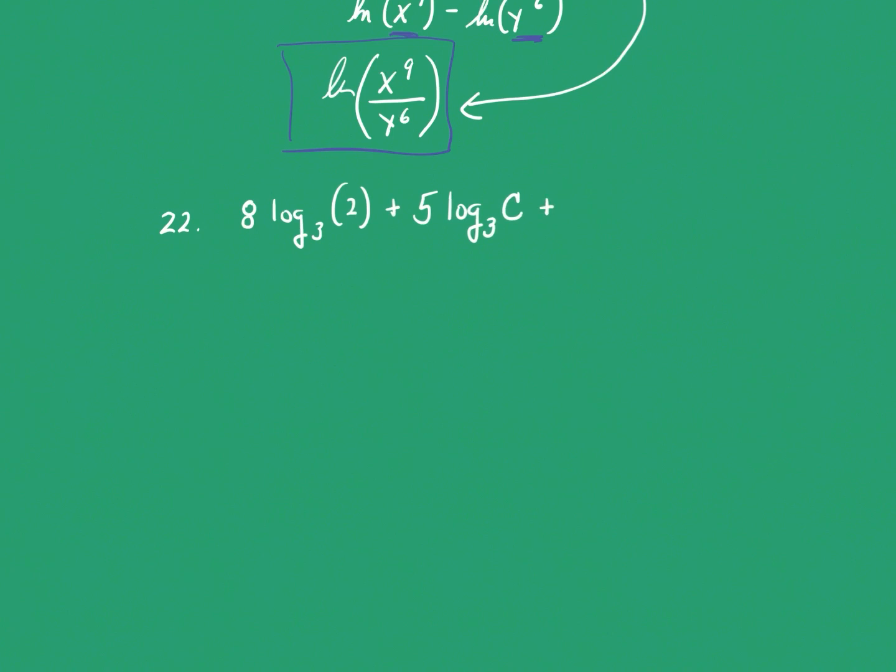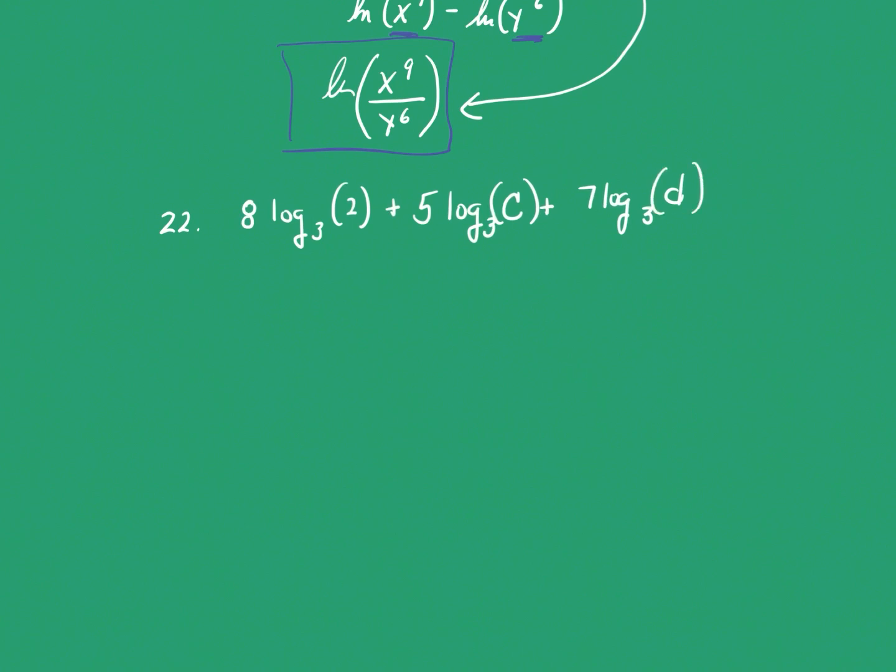Even my eyes aren't doing great today, guys. Minus 7 log base 3 of d. Okay, I'm going to go ahead and put parentheses here, even though they don't in your book. Okay, so we want to combine this.